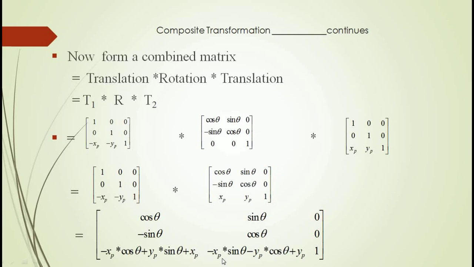The second one is minus xp into sin theta minus yp into cos theta plus yp, and 1. So this one is our resultant matrix.